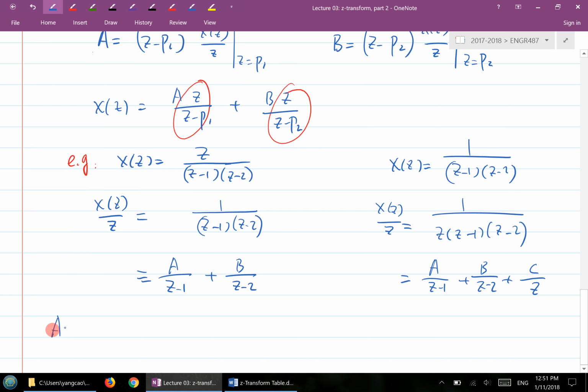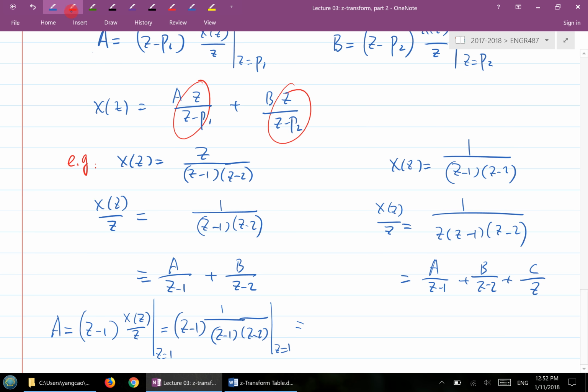So let's try it. To find A, it's equal to (z minus 1) times X of z over z, which is (z minus 1) times 1 over (z minus 1)(z minus 2). After that, you let z equal to 1.